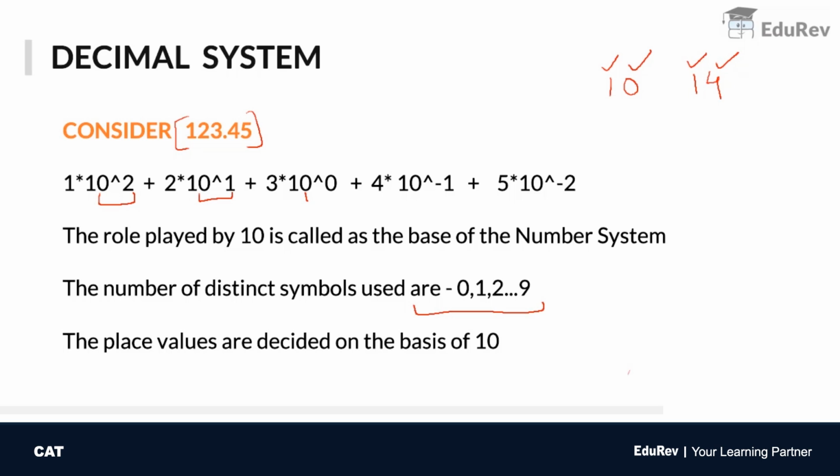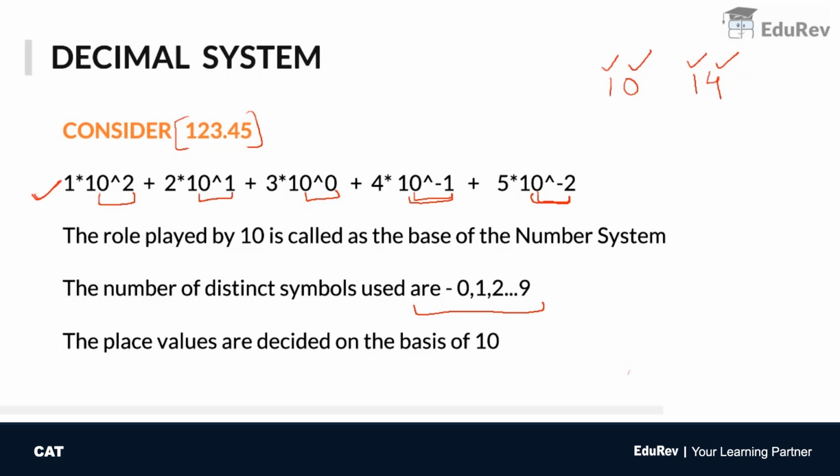Now 3 into 10 raised to 0, because 3 is at the units place, plus 4 into 10 raised to minus 1, because 4 comes after the decimal point, and then you have 5 into 10 raised to minus 2, again after the decimal point. So this number 123.45 can be split and written in this format.